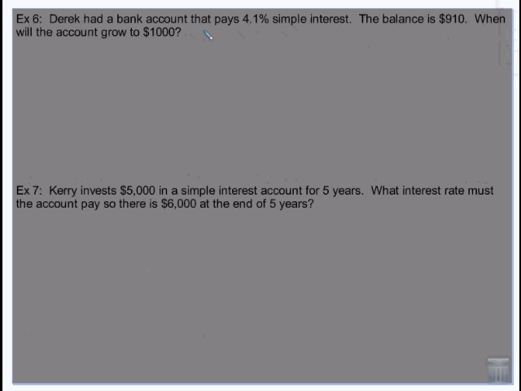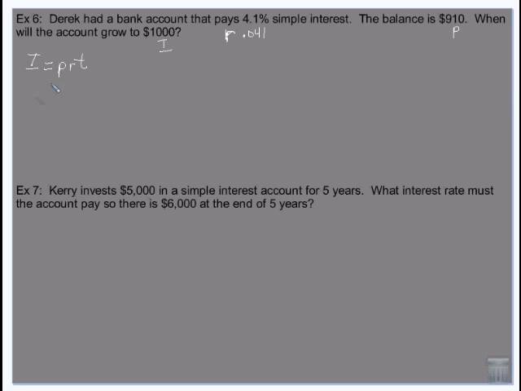Derek has a bank account, and we want to know with 4.1% interest, so that's 0.041, with a $910 balance, which is our principal. How long will it take for the interest to equal 1,000? So we've got I, P, and R, but we don't have T. So same idea. We're going to plug in what we have.